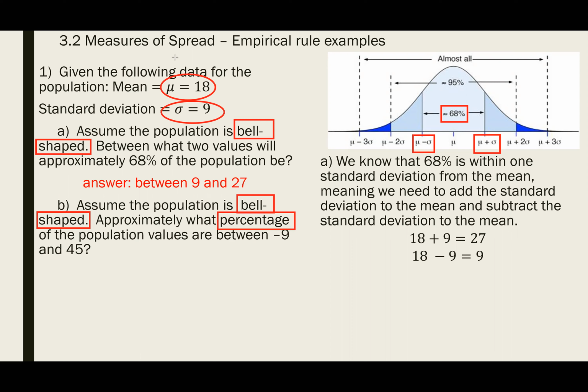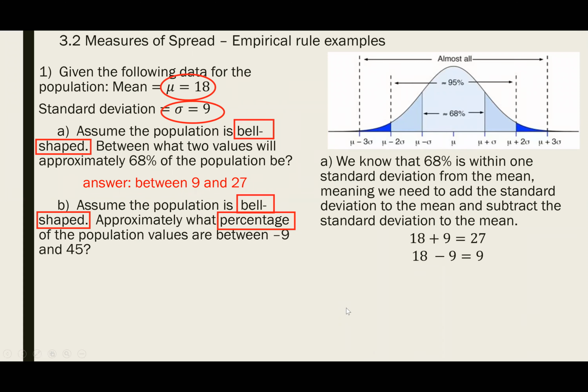So looking at this here, you ask yourself, well, in the middle is 18. That is where my mean is at. My mean is 18. How many steps can I get from 18 to 45? Or basically you can take 45 minus 18 and divide it by 9 if you want to.